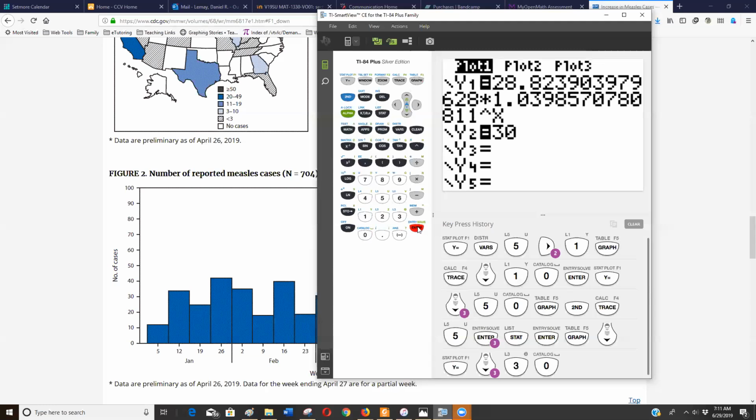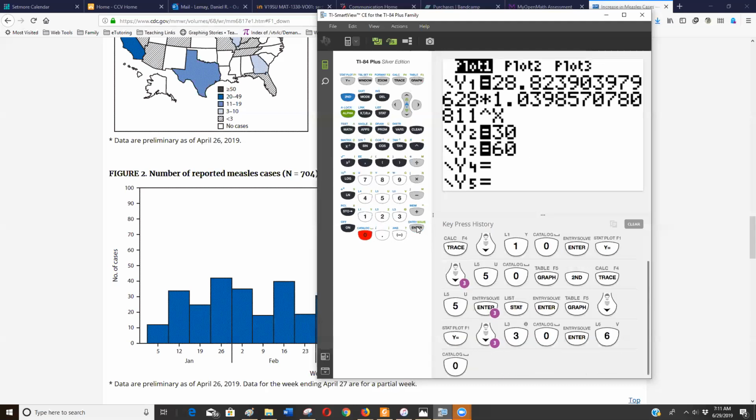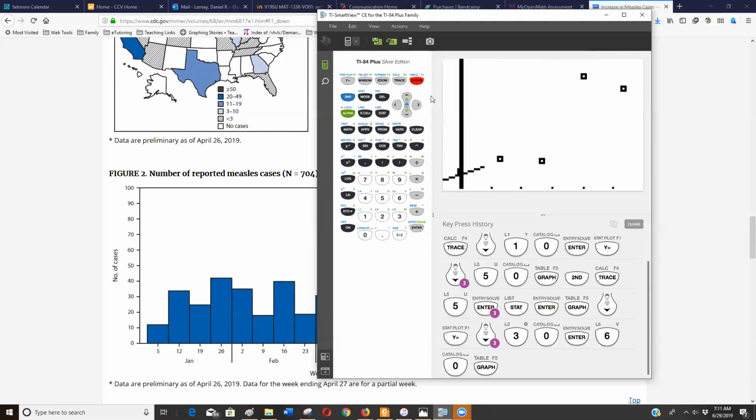We'll have it graph y equals 30. Then we'll have it graph y equals 60, and then we'll compare the x values to see what the difference is from the graph. So there's a 30, and there's the 60. So let's find those two intersection points.